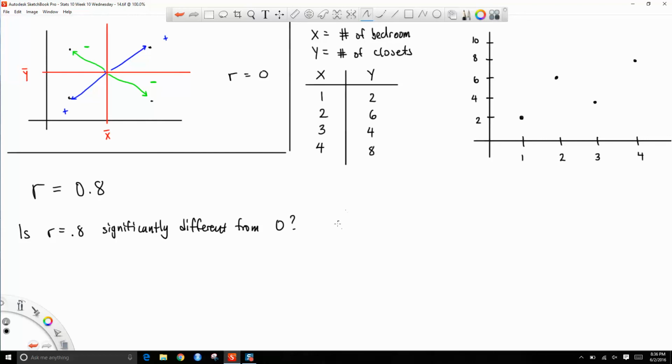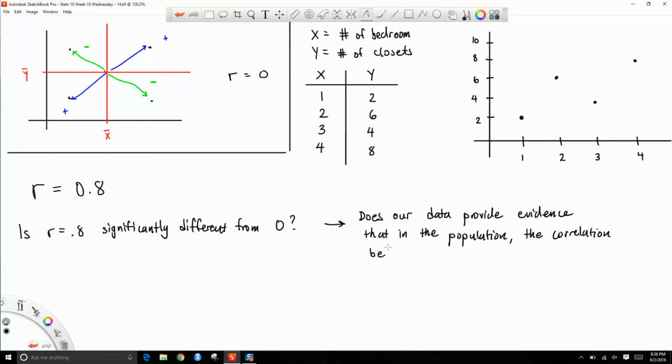Do our data provide evidence that in the population the correlation between x and y is not zero?